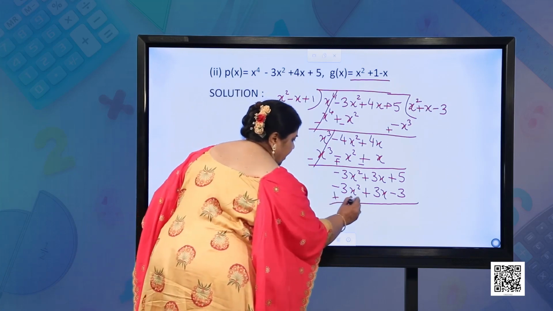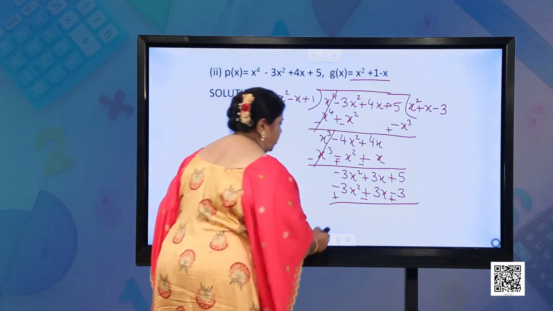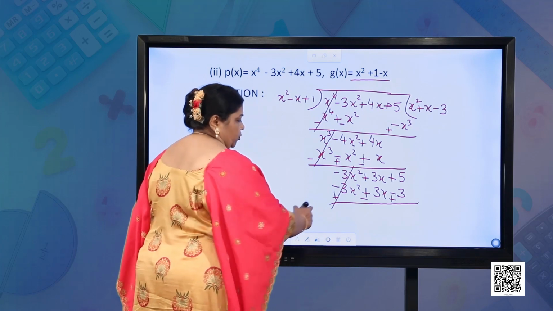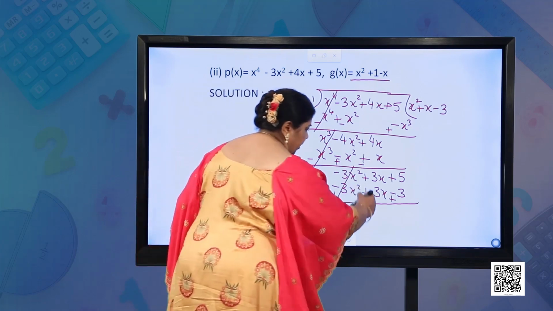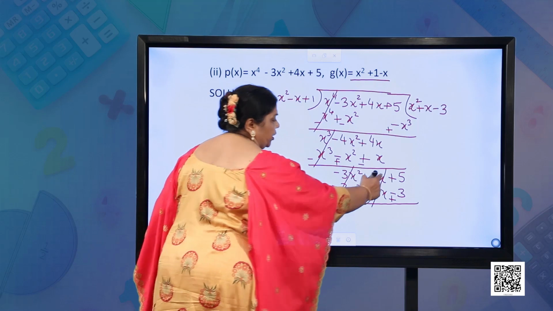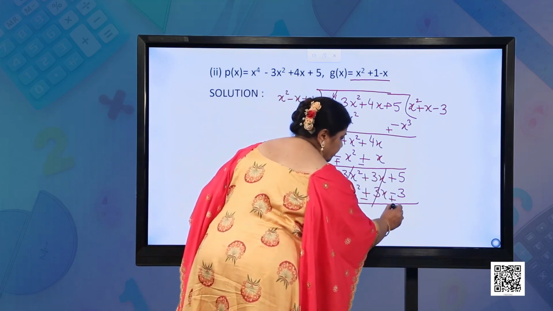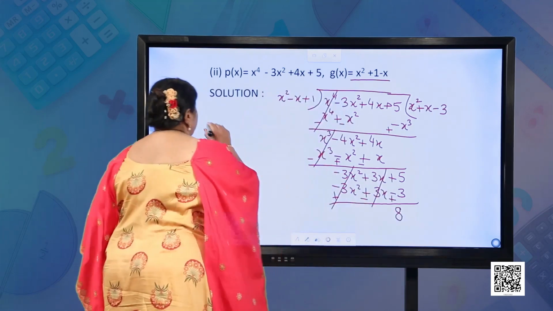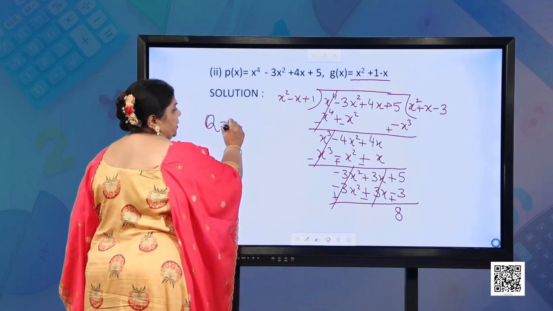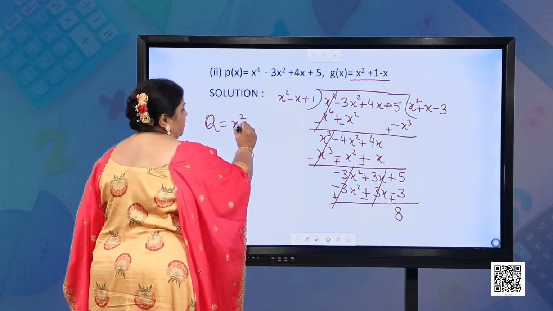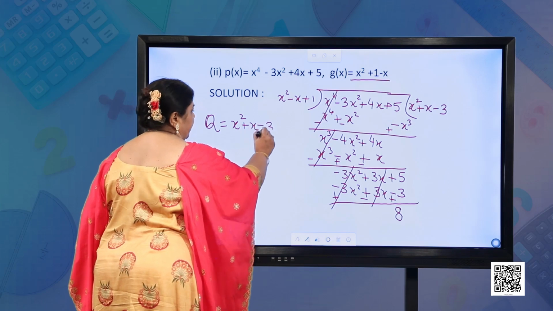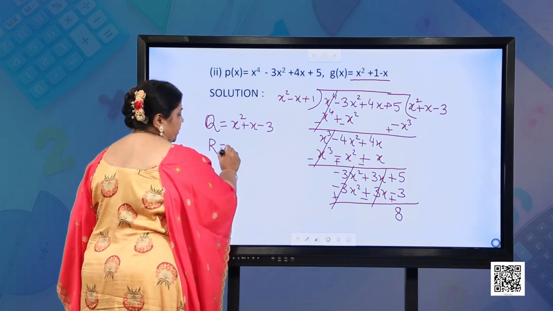Now, if we change the signs, what do I get? Minus 3x square plus 3x square gets cancelled, 3x minus 3x also cancels. What is 5 plus 3? 8. Good. So, what is the quotient here? Quotient is x square plus x minus 3, and what is the remainder? It is 8.